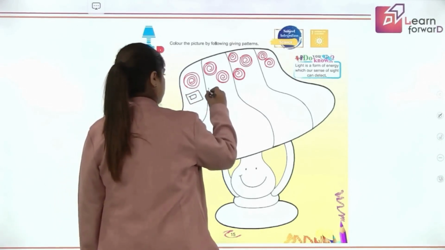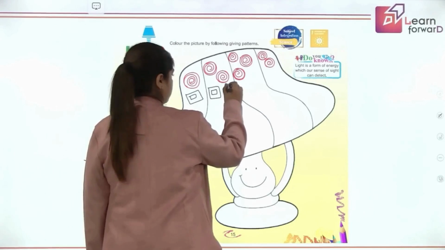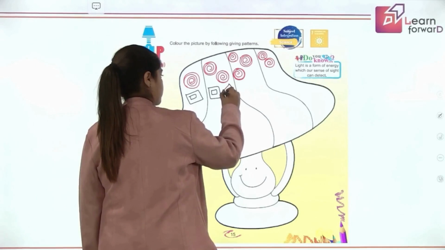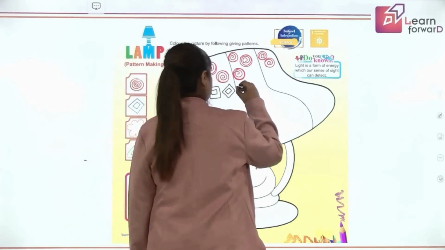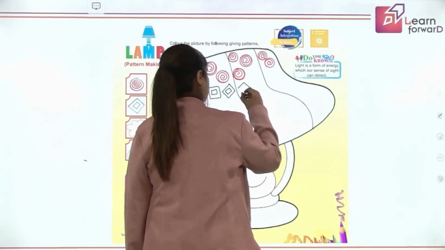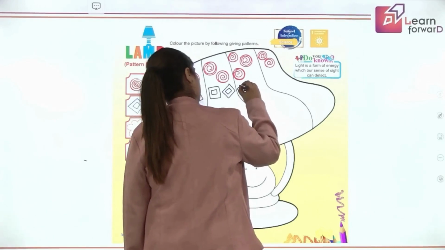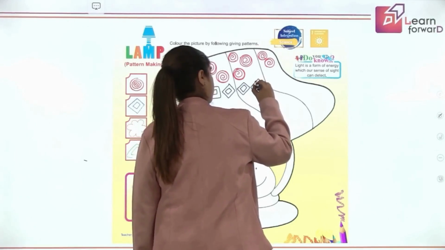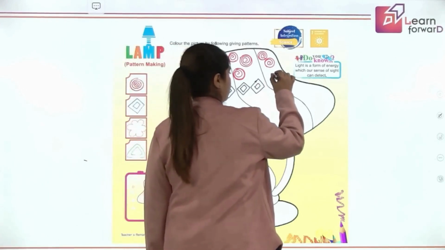One, two, three, 4 and 5, and the last one.